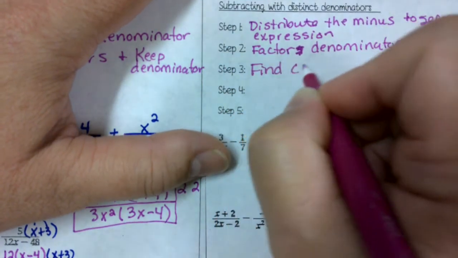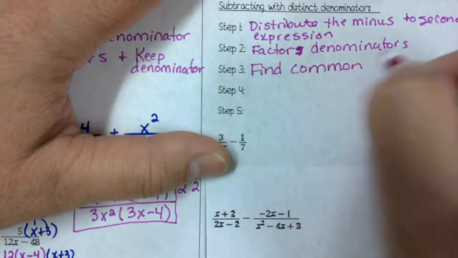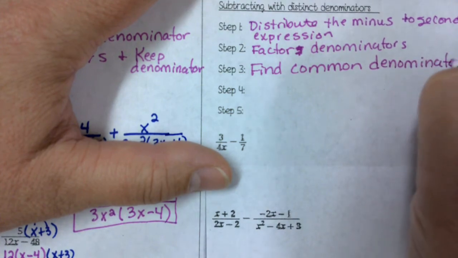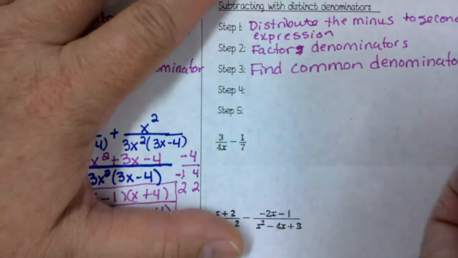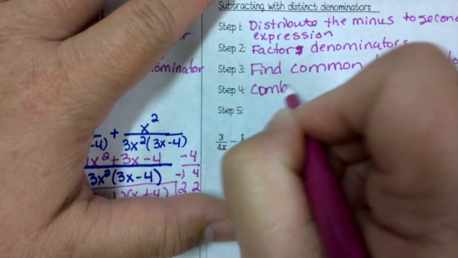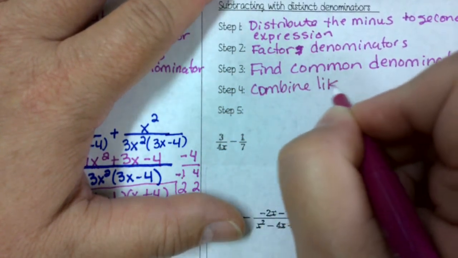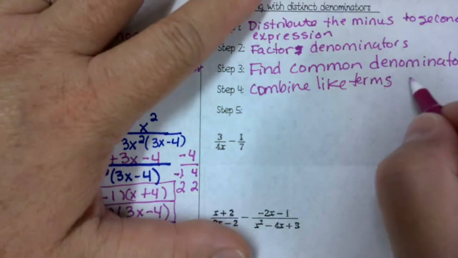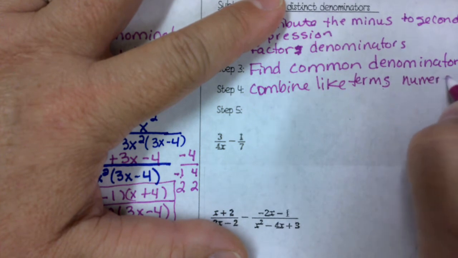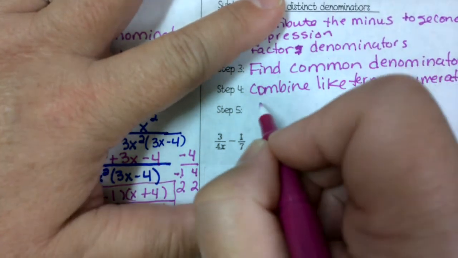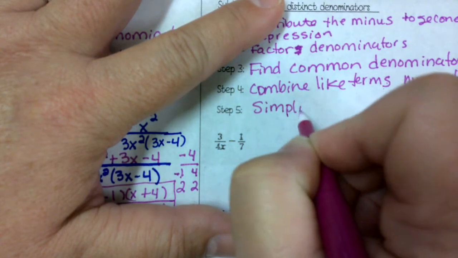Find the common denominator. And number 4, I'm going to combine the like terms of the numerator, or add them, subtract them, whatever you want to call it. And then simplify if needed.